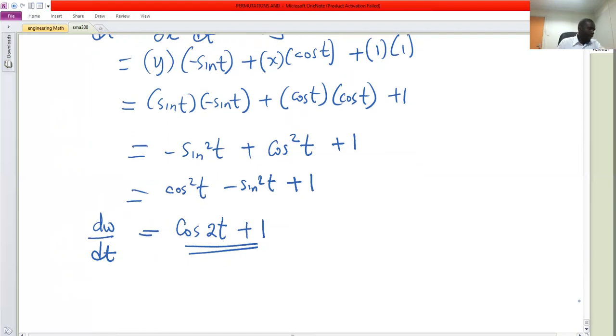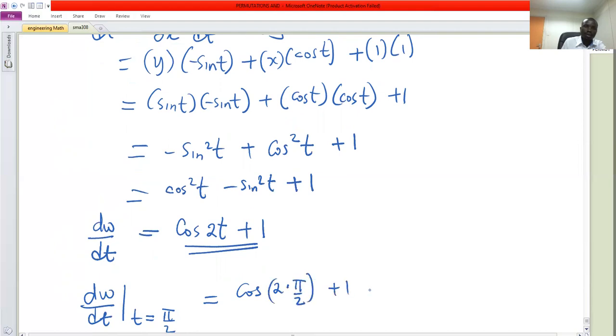And then if you're asked to find, say, the change at the point t equals pi over 2, then the answer will be cosine of 2 times pi over 2 plus 1, which is cos of pi plus 1.